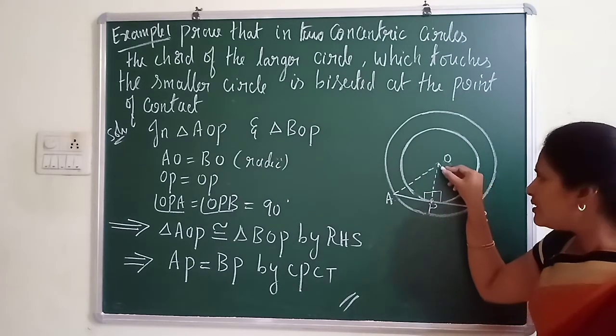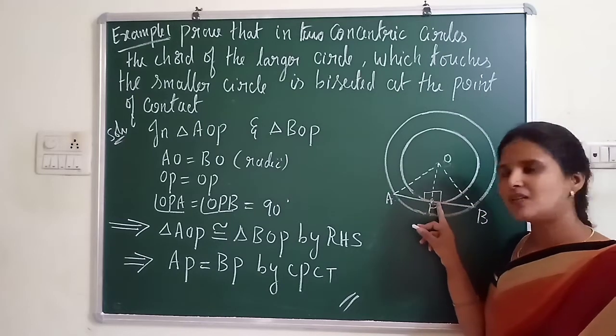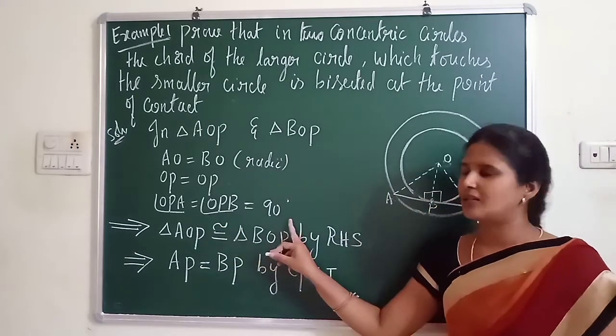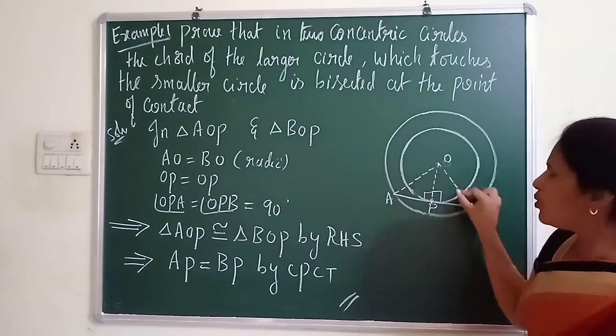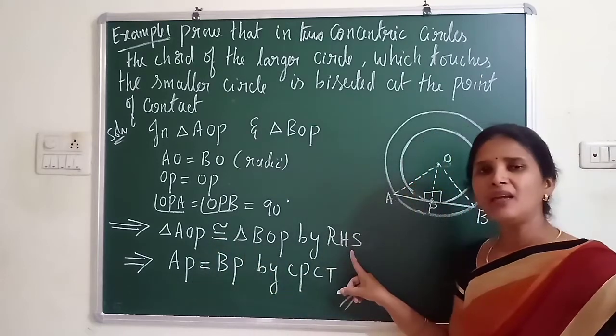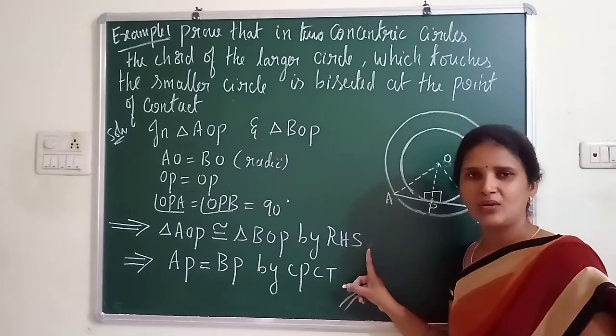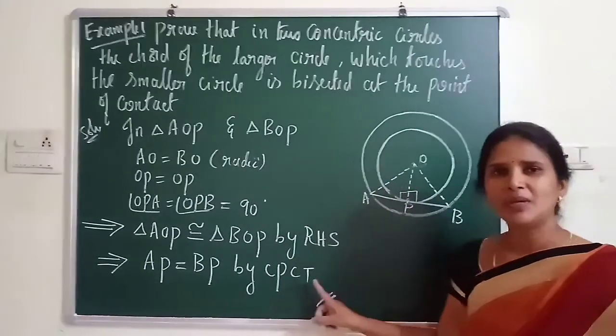Why? Because this is a radius drawn to the tangent at the point of contact, so it will always be 90 degrees. So I got all the 3 matching pairs, and in this you can see OA and OB are the hypotenuse. So these 2 triangles are congruent by the right angle hypotenuse side congruence condition. Therefore AP equals BP by CPCT.